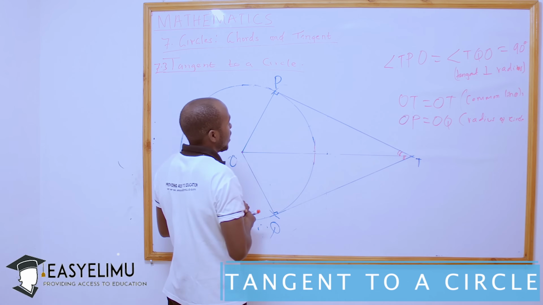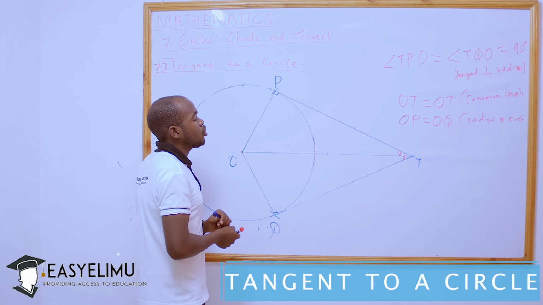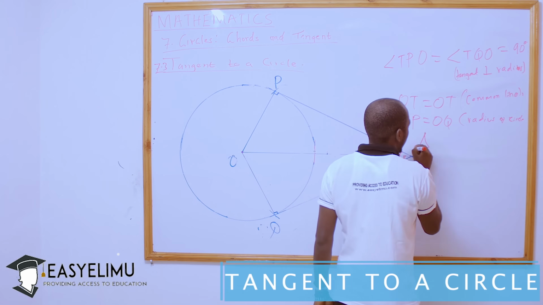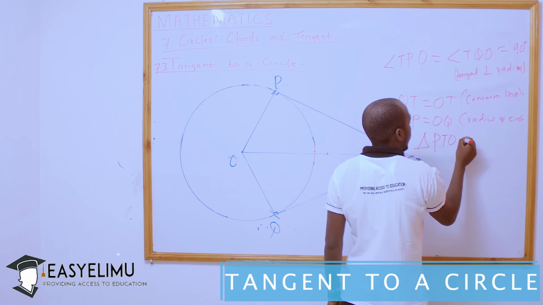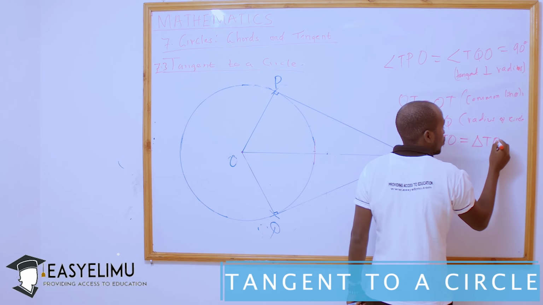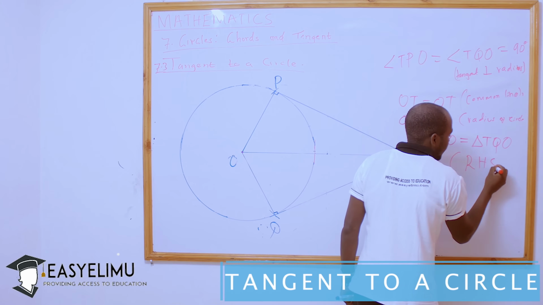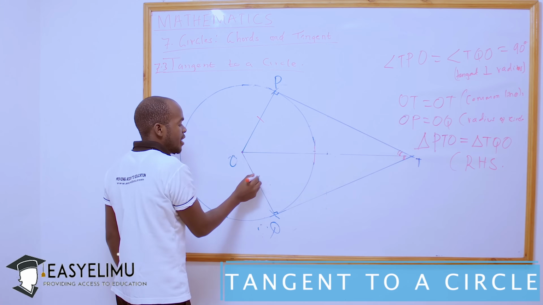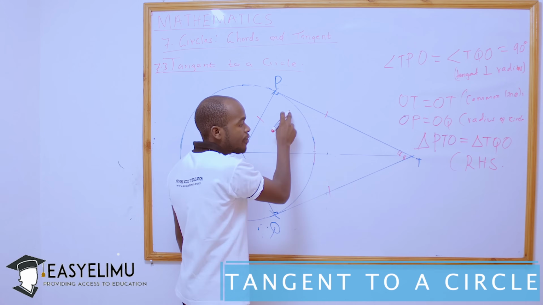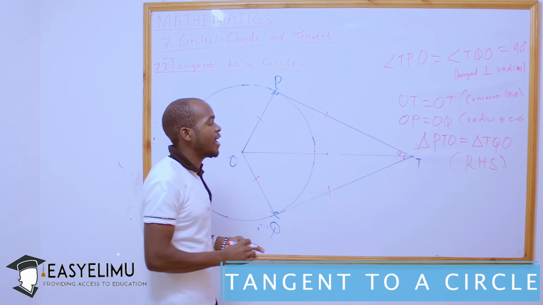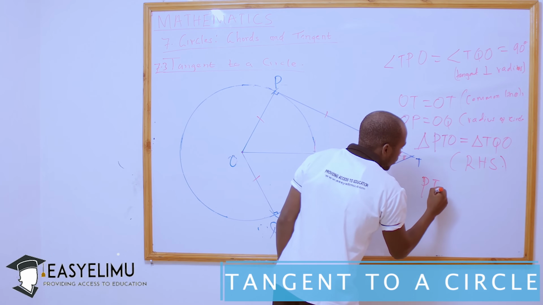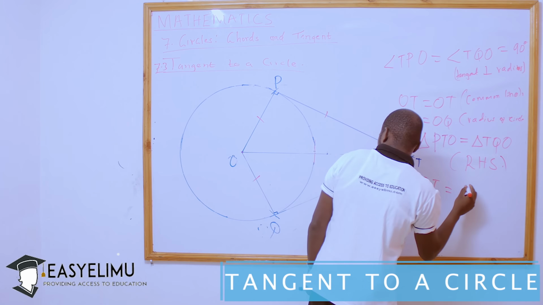So we have two triangles, triangle PTO equal to triangle TQO by the right angle, hypotenuse, side rule, because one side is equal and both are right angle triangles. So side PT will be equal to QT.